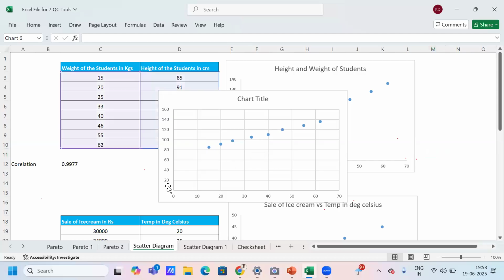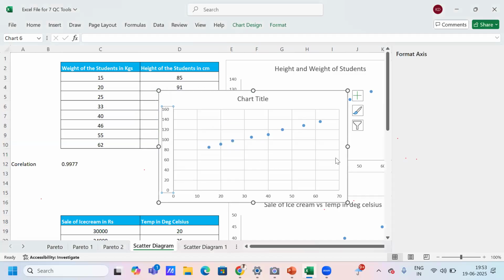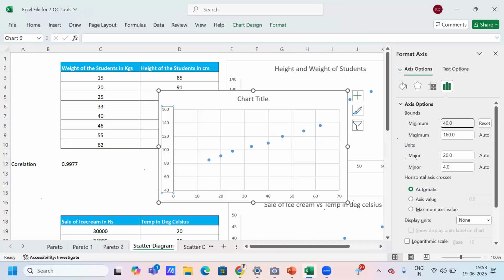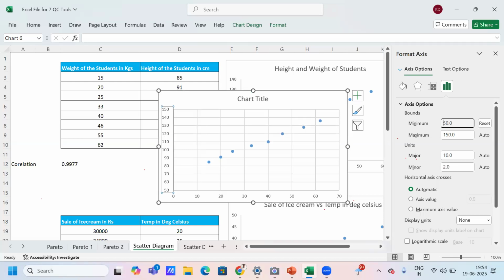I can adjust the scale. For example, format axis, I can adjust the scale. Suppose the minimum on the y-axis I can put, for example, 40, or I will put 50, or even I can put 60, I think.